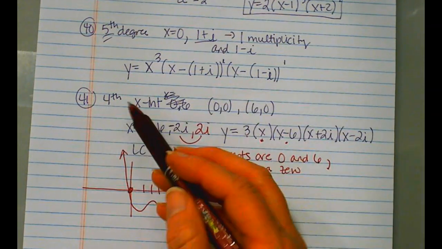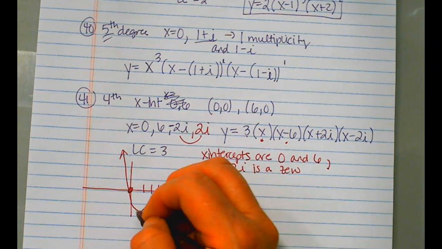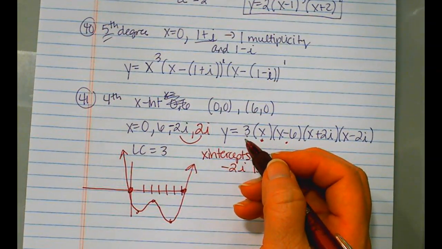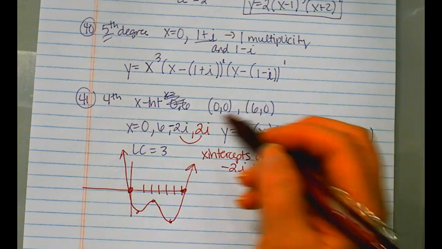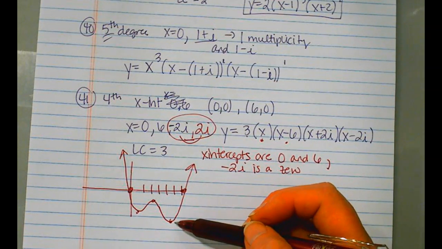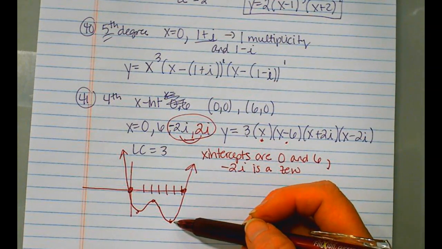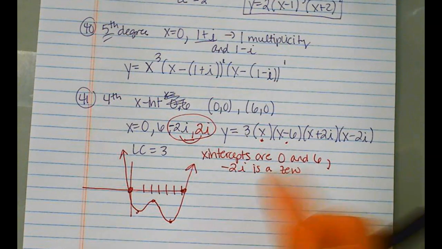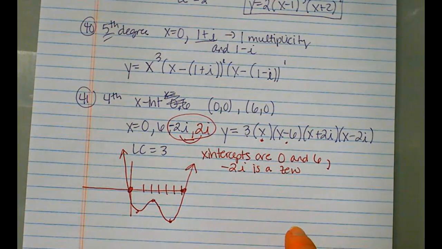So because it's a fourth degree, it could turn 1, 2, 3 times. And the extra wiggles are because I can't see intercepts. They happen off of the x-axis. They're imaginary. So really, it was just a matter of punctuation. Because if you saw it as together, I could see that.